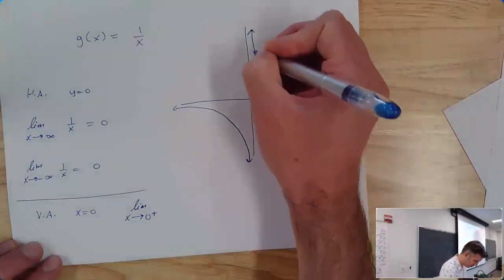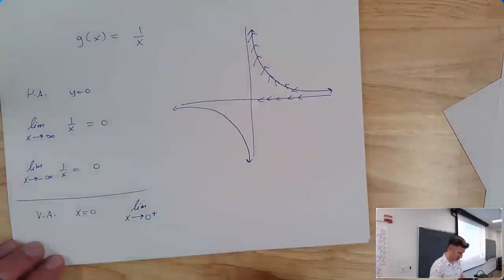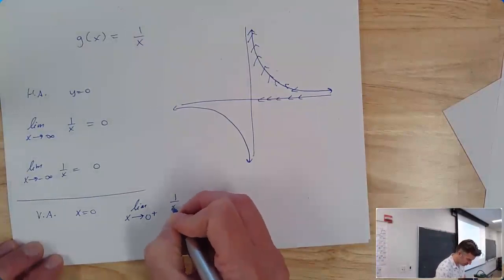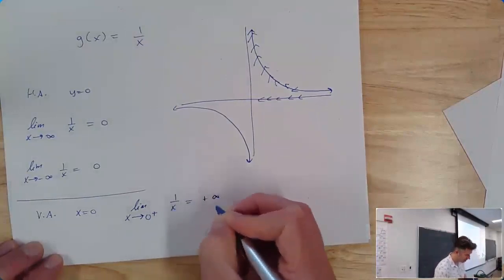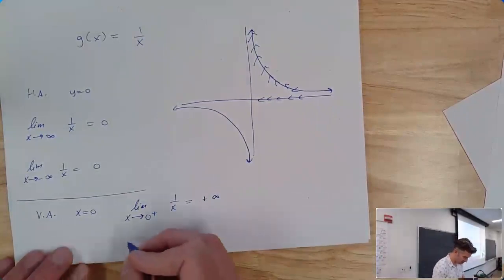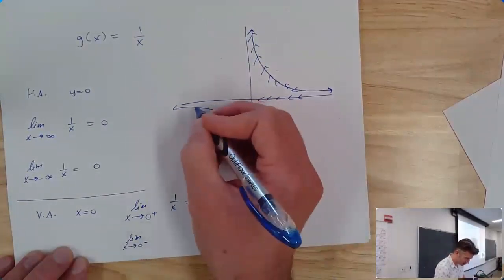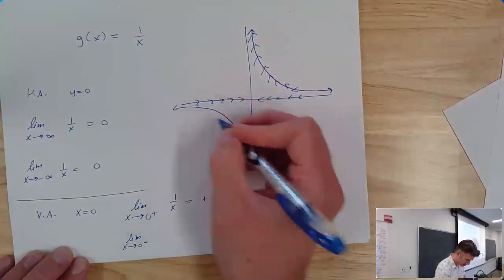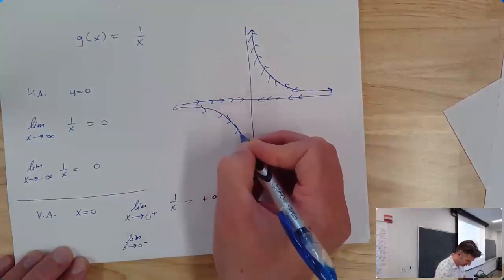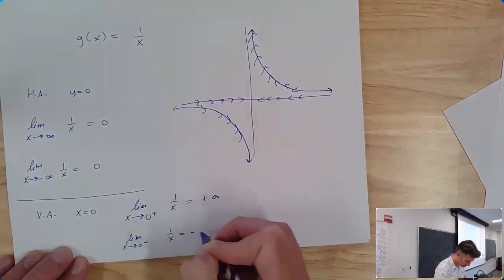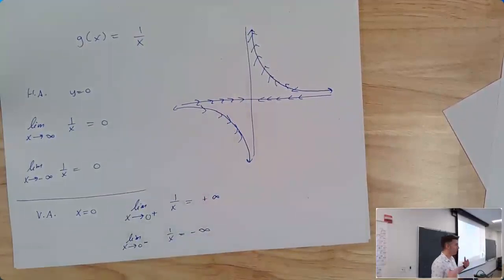Getting really, really infinitely large. So we would say that this limit is positive infinity. And if we approach 0 from the other side, the left side, that function gets really, really negatively large. So you have vertical asymptotes when the function ends up getting positively infinitely large or negatively infinitely large.